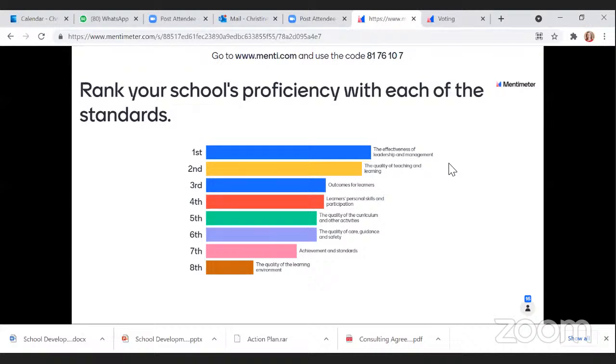And this is another reason why I also like Menti, because there may be things that we think we know, and we realize when people are giving us the feedback instantly, we realize something different. And the thing to think about is, how can this now impact what your next steps are? So what your next steps are as an evaluator, what your next steps are as a school leader.